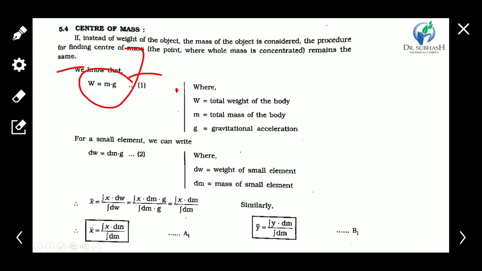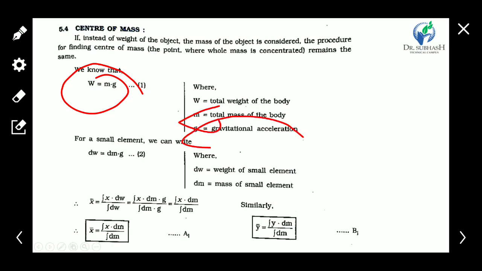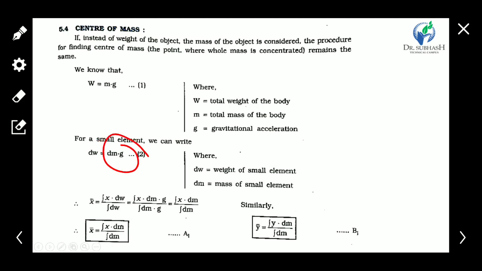So directly we can consider that W is equal to mg. If the total weight is m into g, the total mass of the body into gravitational acceleration, then for a small element the weight is dW, so dm into g, where dm is the mass of the small element and g is the gravitational acceleration.